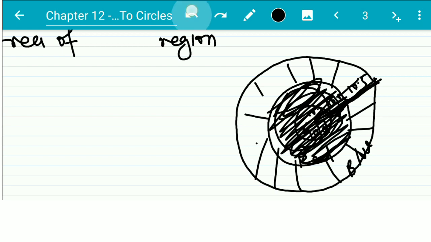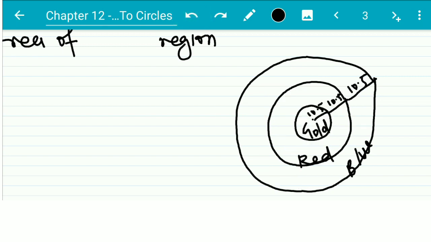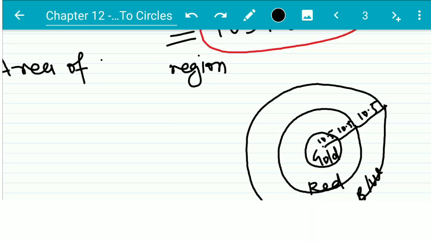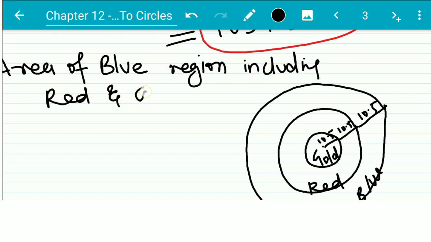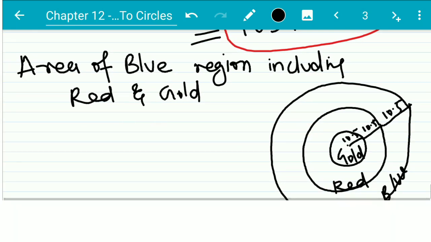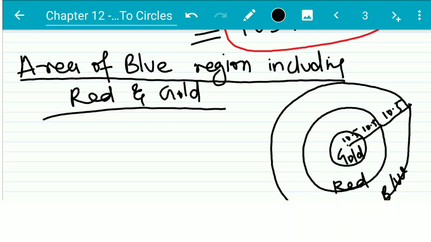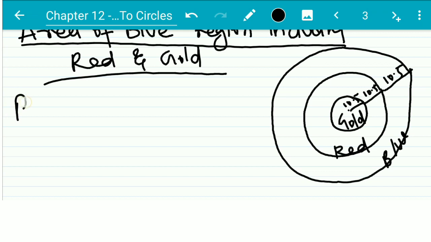Okay, so write area of blue region including what? Red and gold. This is the next side heading. Below that write radius equal to, what is the radius?